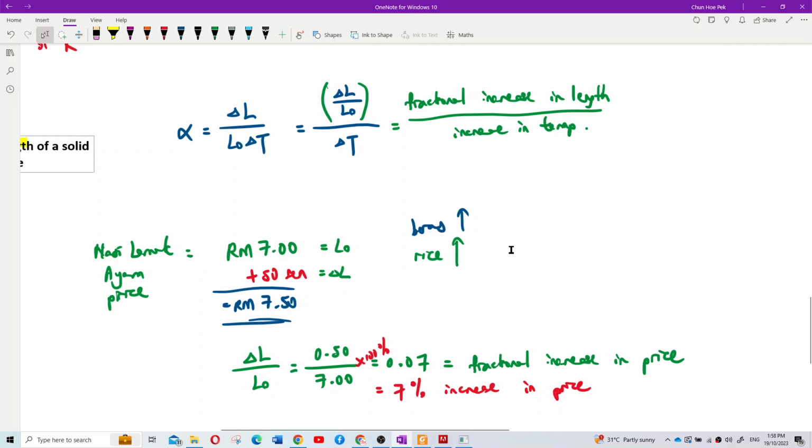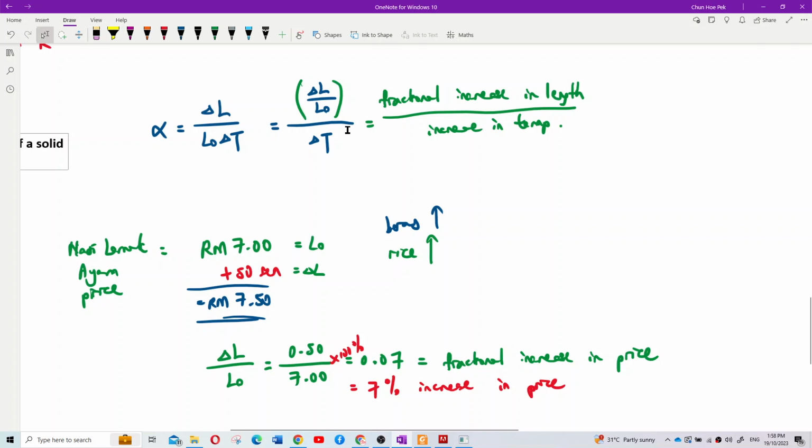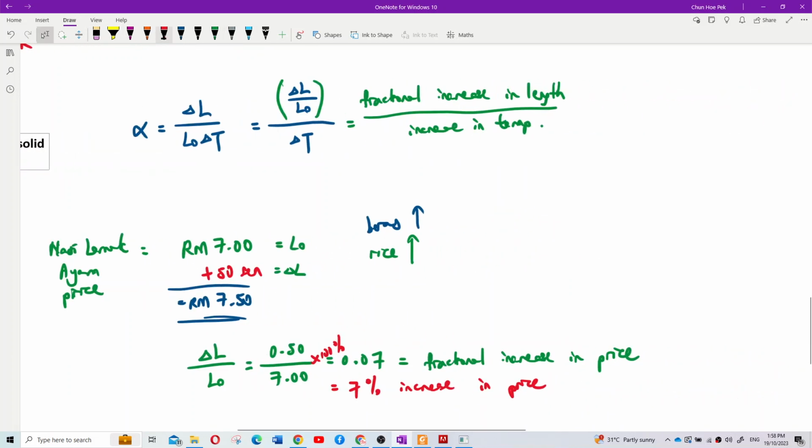So that is what we mean by fractional increase in length, per unit rise in temperature. For example, let's say alpha for copper is maybe 0.02 per degree Celsius.